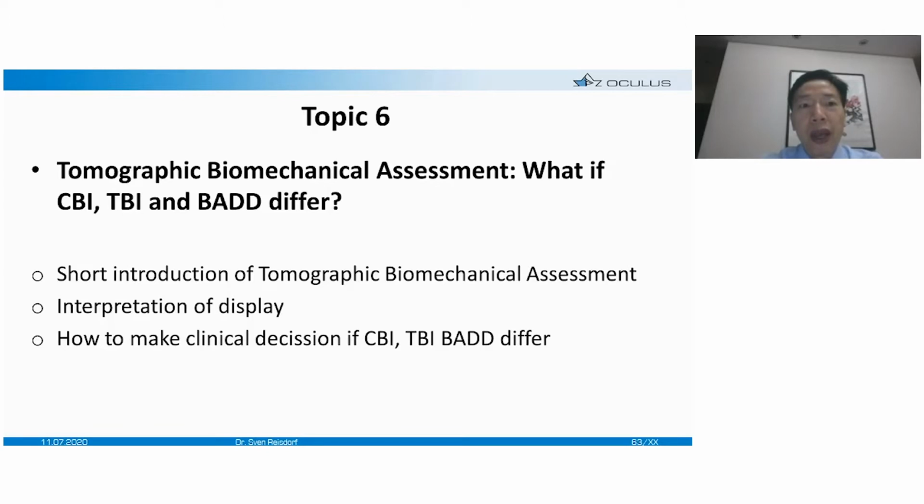So when there is a difference between the TBI and the BADD display, I will ask the patient to use eye drops or reference eye drops for 1 to 2 weeks and come back to take another topography assessment.